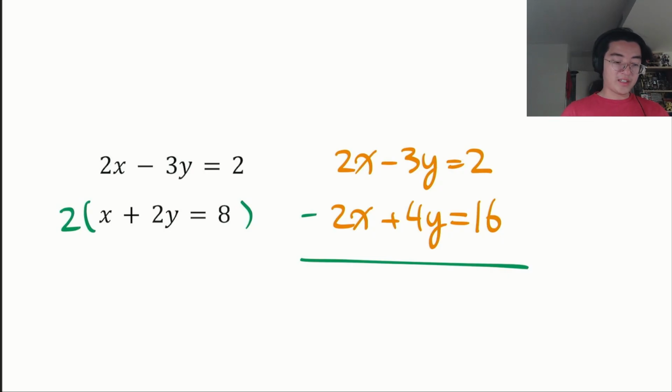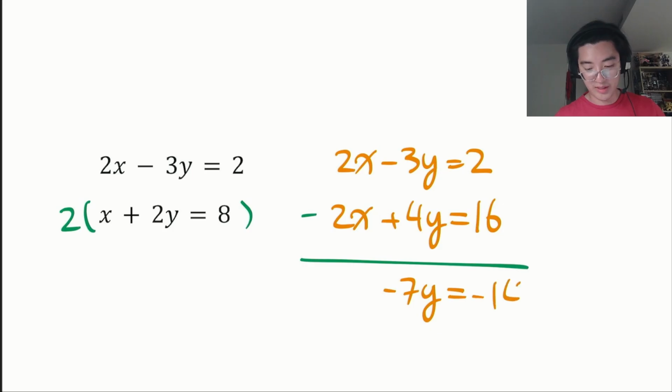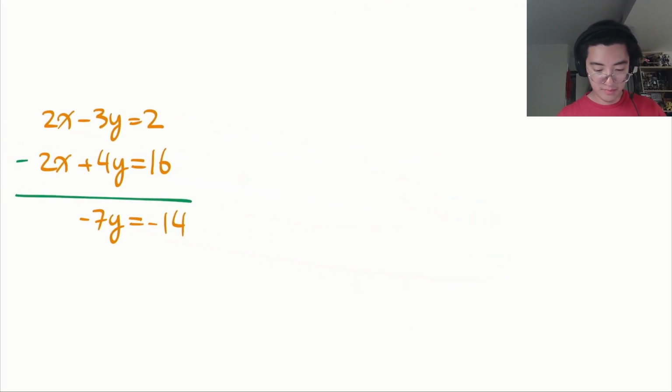Just make sure that when you are multiplying in order to cancel it out, everything is multiplied by the same number. So this is still the same equation. 3y minus 4y is negative y, 7y... 2 minus 16, negative 14. So y is 2.